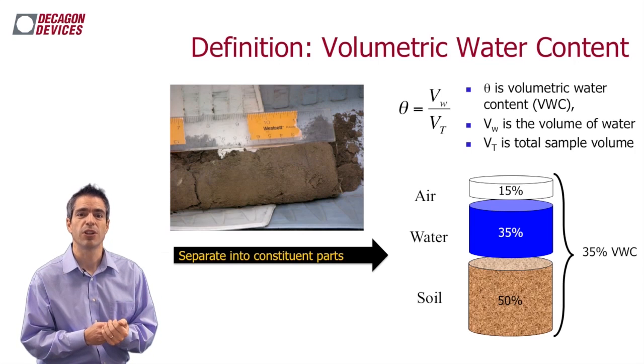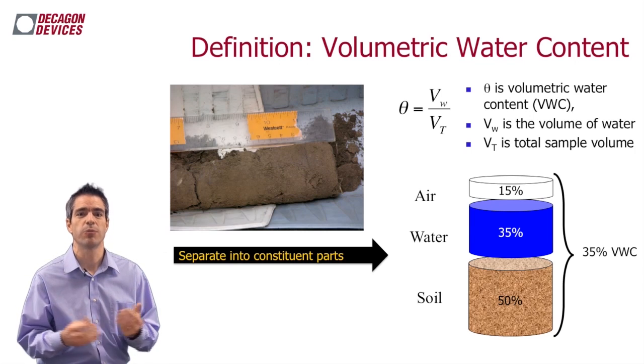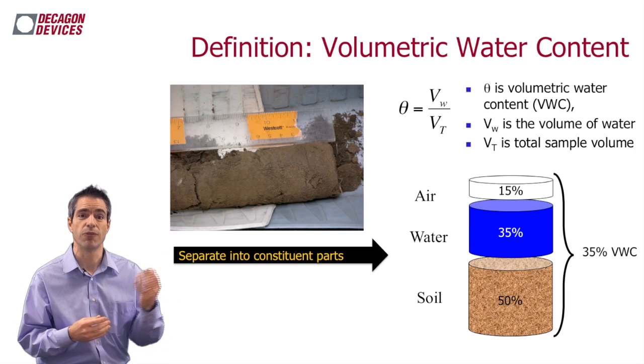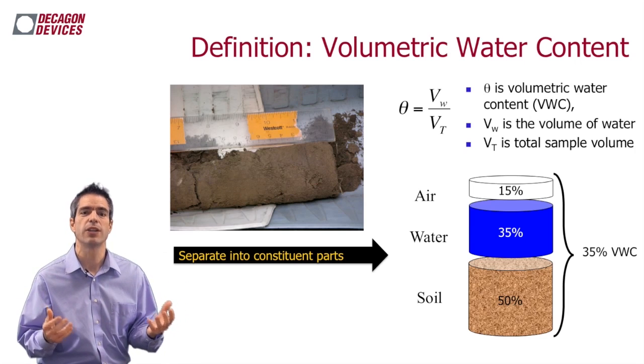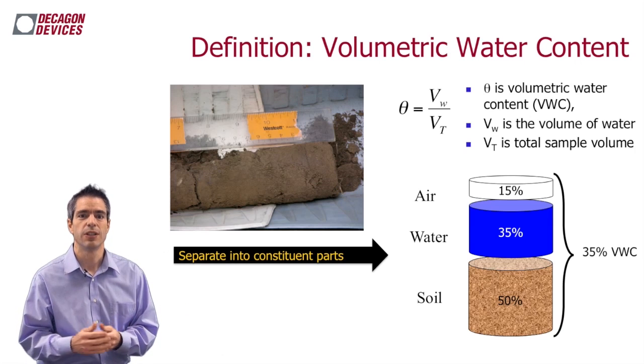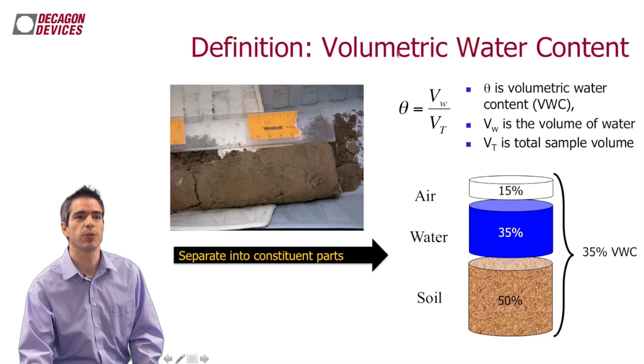The most familiar to many is volumetric water content. Volumetric water content is simply the volume of water divided by the total volume of sample. So here we have a sample of soil that's been sampled in the field.